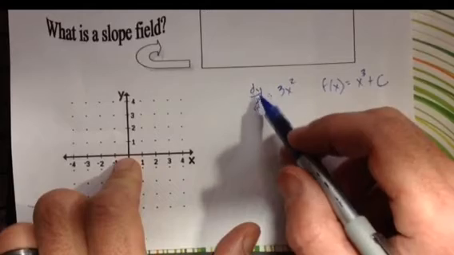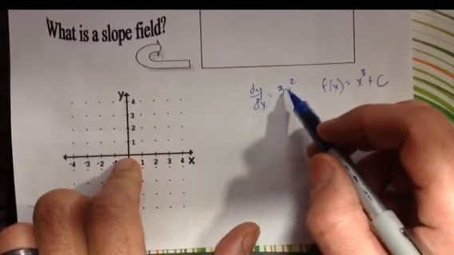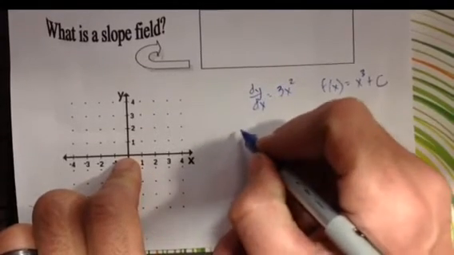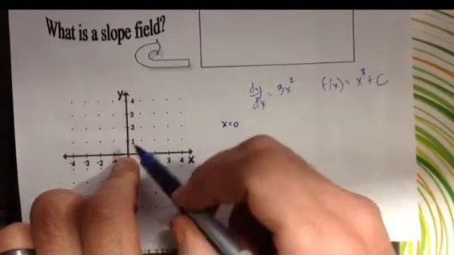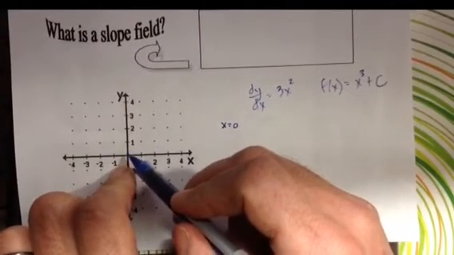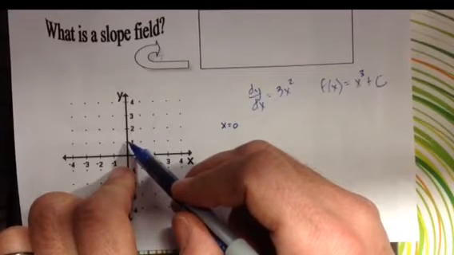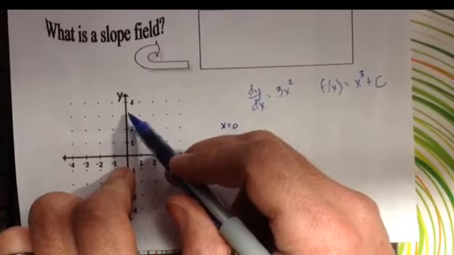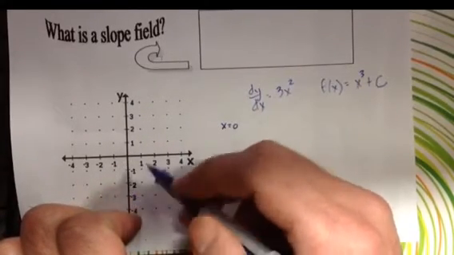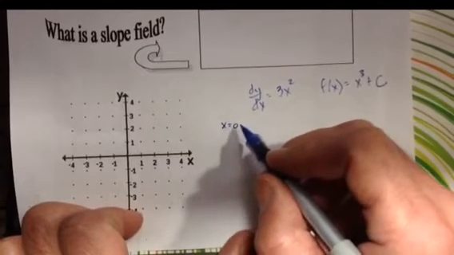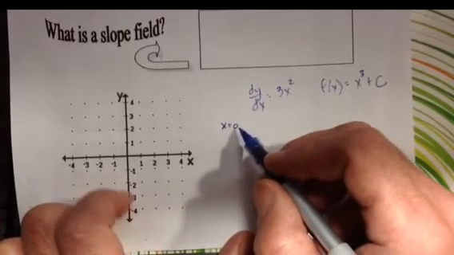Again, my derivative is based strictly on the value of x. So I'm going to look at where x is equal to 0. That would be at the origin, at (0, 1), (0, 2), (0, 3), (0, 4), as well as below the origin. Those are all locations where x is equal to 0.